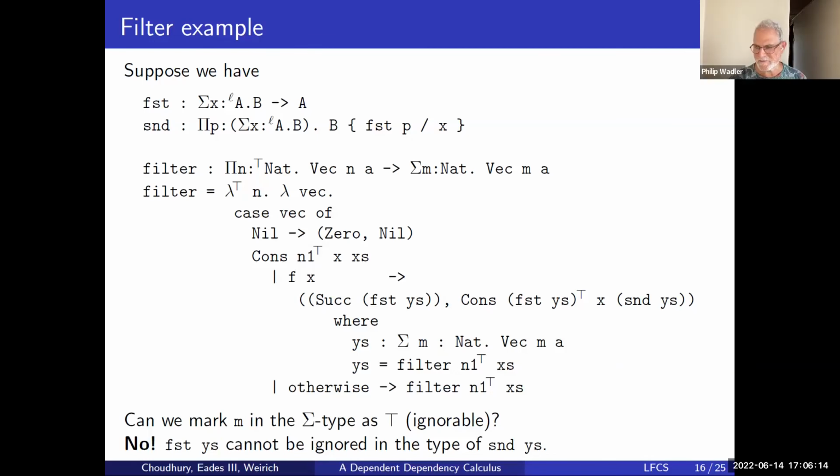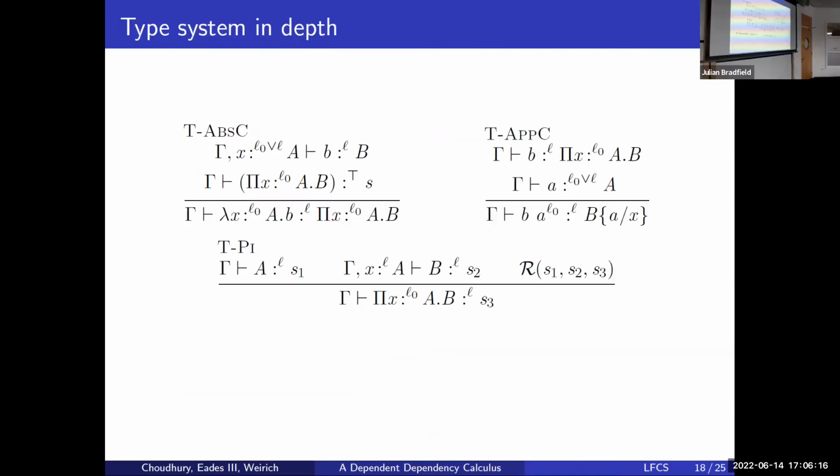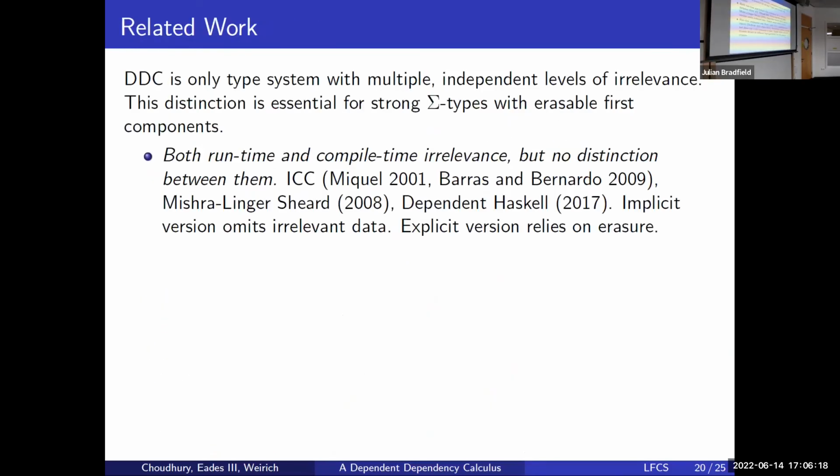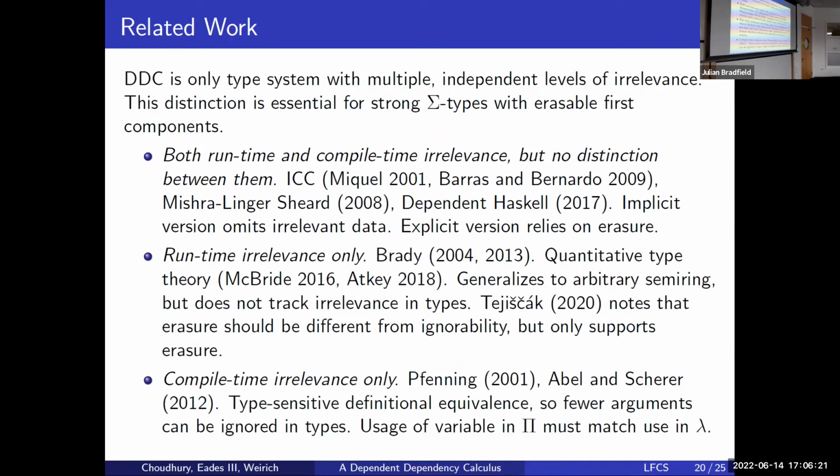Bye-bye. Bye, Phil. Yeah. So I'm going to skip these slides. I want to mention just a tiny bit, because Bob's here, of related work, if that's okay. Just to point out that I haven't really seen this level of precision in a type system for irrelevance, right?